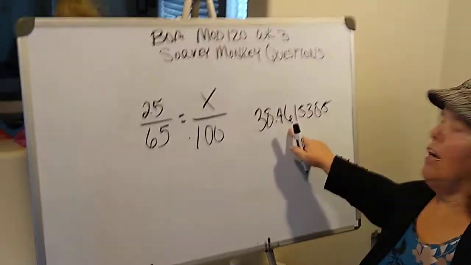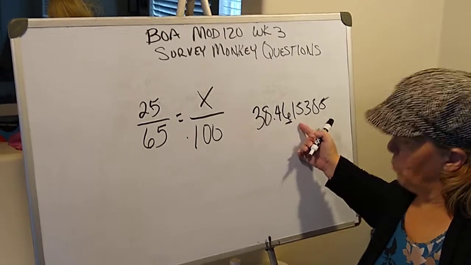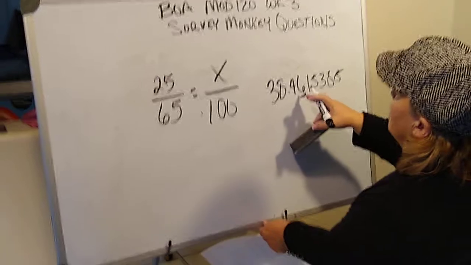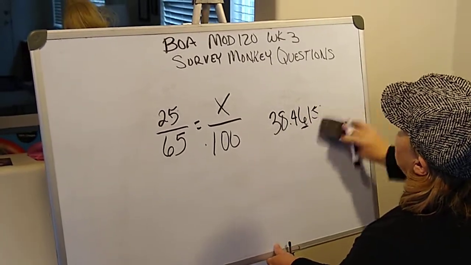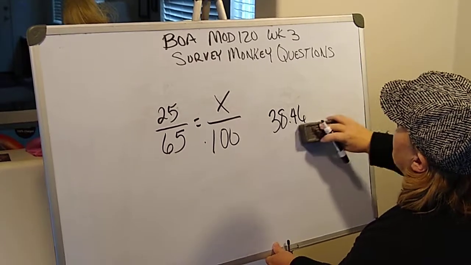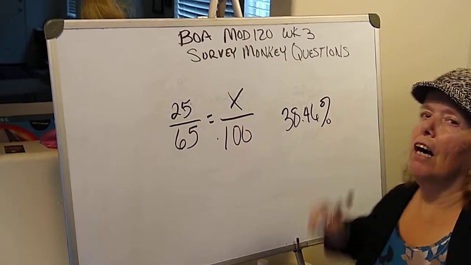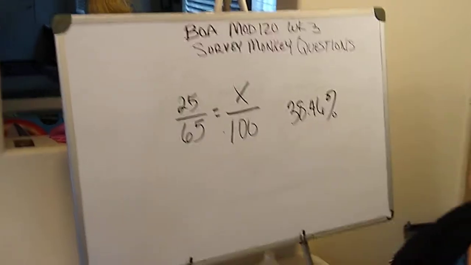We're going to take it to the hundredths place, which is here, right? And since this one is less than 5, do we make this go up, or do we keep it as it is? If you said keep it as it is, you're right, because 1 is less than 5. So it's 38.46% of a markup. Okay? So that was number 3.